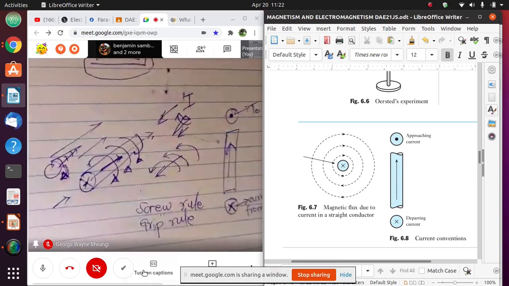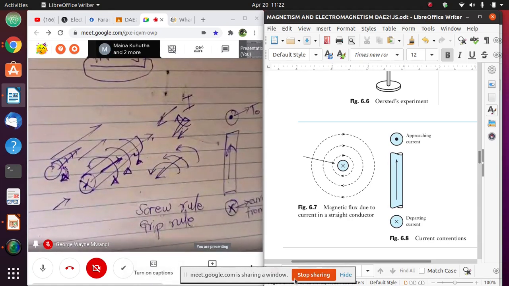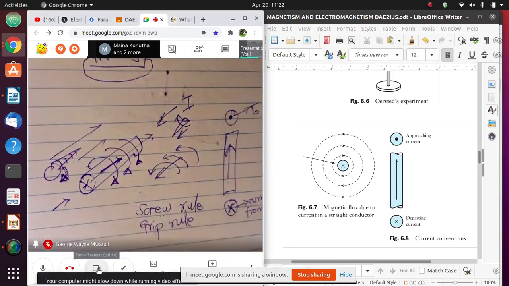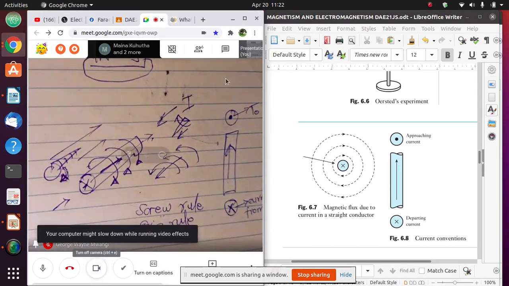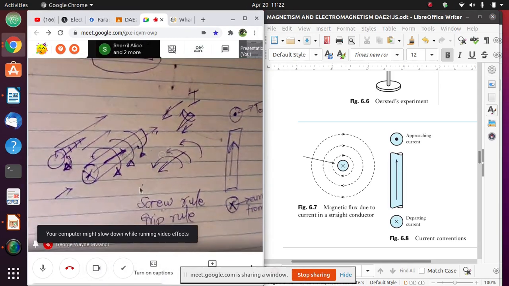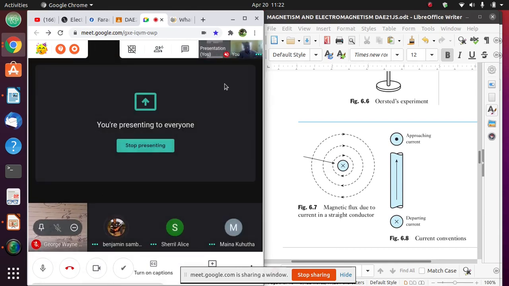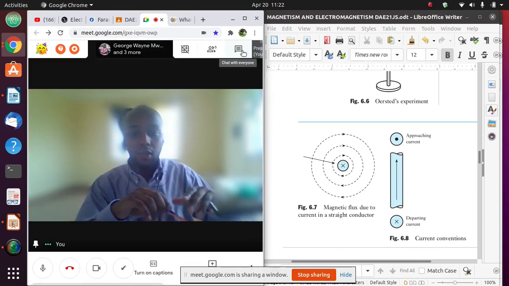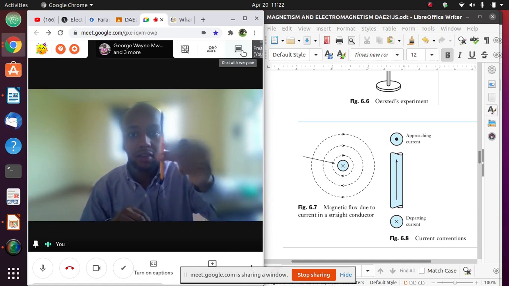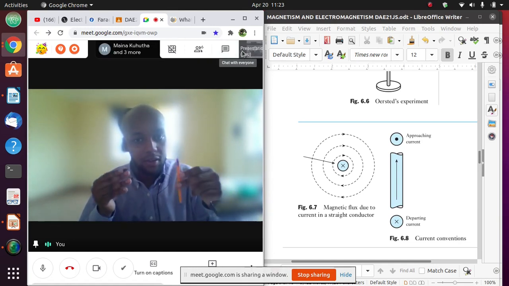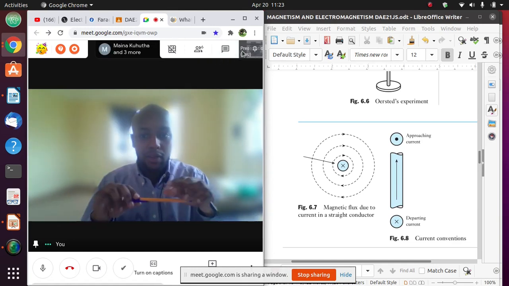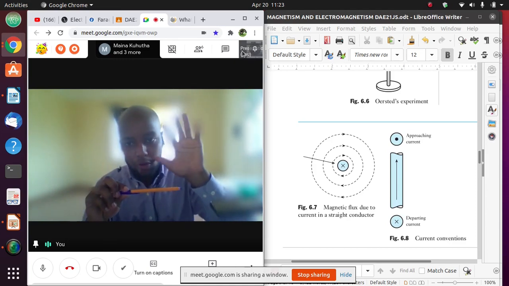Now, that is the screw rule. Now, the grip rule. I want you to see this. I don't know if you can see me. Let's assume this is my conductor. This is my hand, the grip rule.